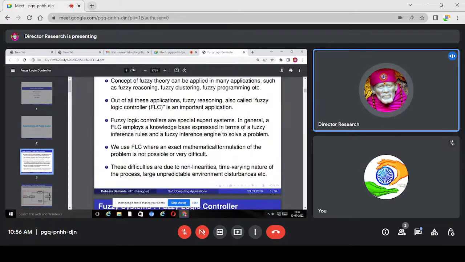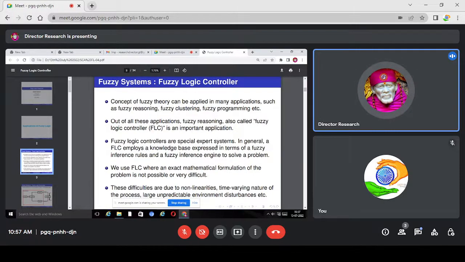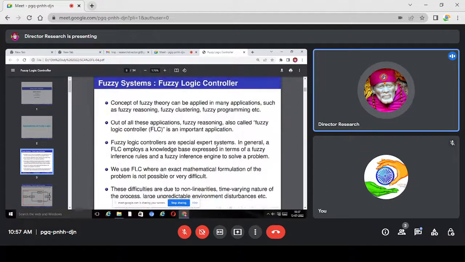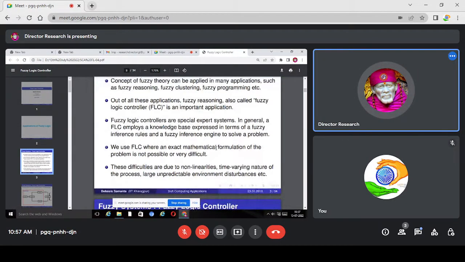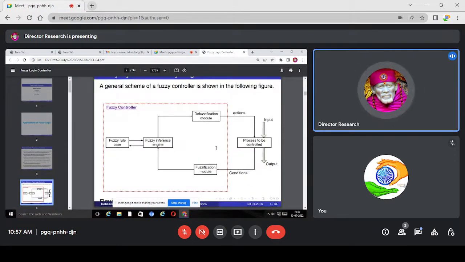We use a fuzzy logic controller where an exact mathematical formulation of the problem is not possible or very difficult. These difficulties are due to non-linearities, the time varying nature of the process, and a large unpredictable environment of disturbances.